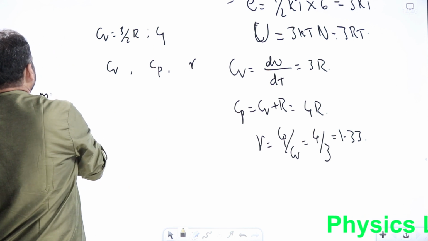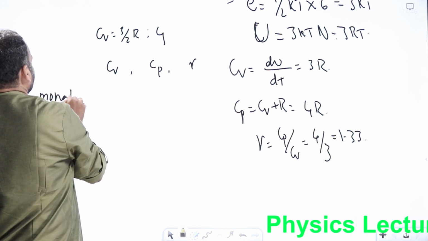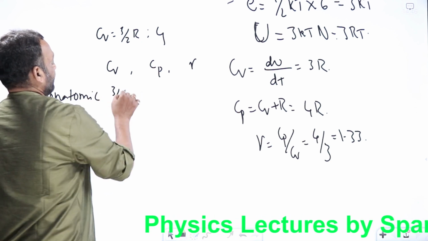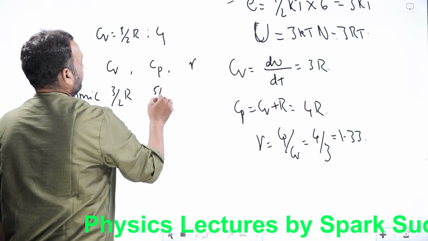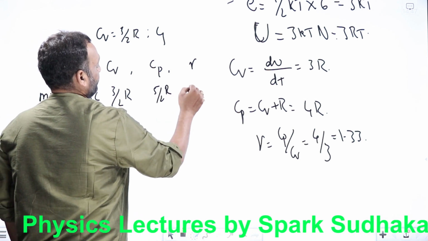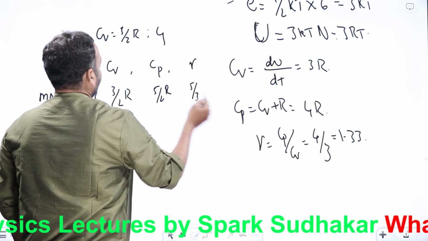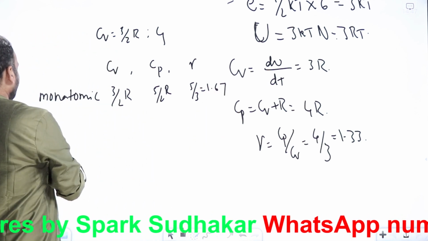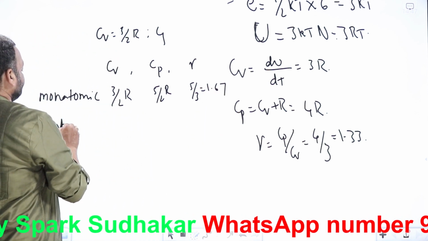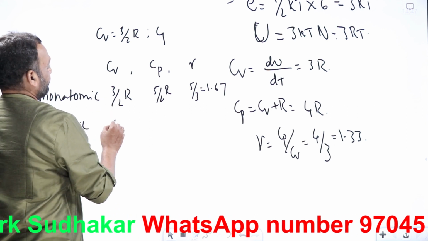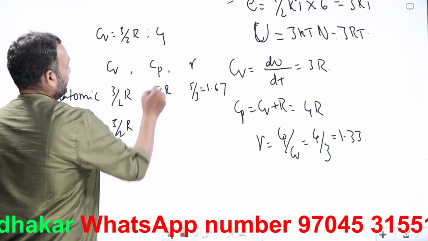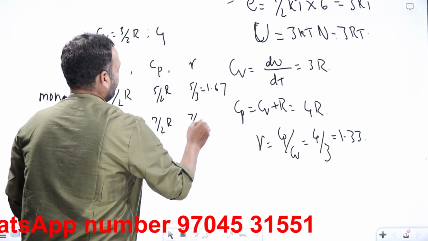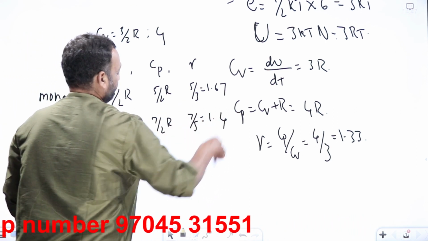For monoatomic gases, Cv is 3 by 2 R. Cp is 5 by 2 R. Gamma is how much? 5 by 3, right? Nothing but 1.67. This is the gamma value. For diatomic gases, Cv equal to 5 by 2 R, Cp equal to 7 by 2 R, gamma equal to 7 by 5 or 1.4.